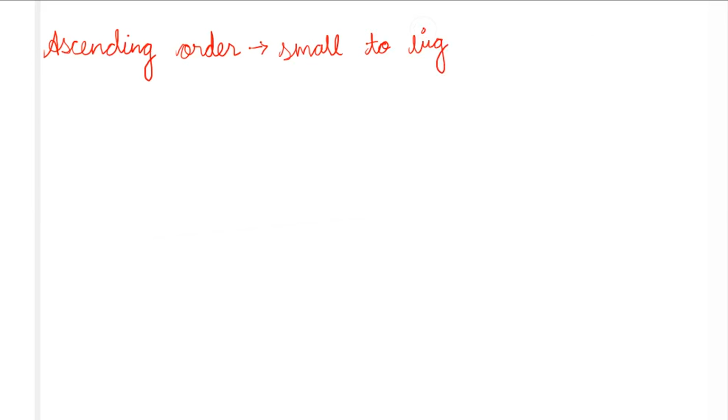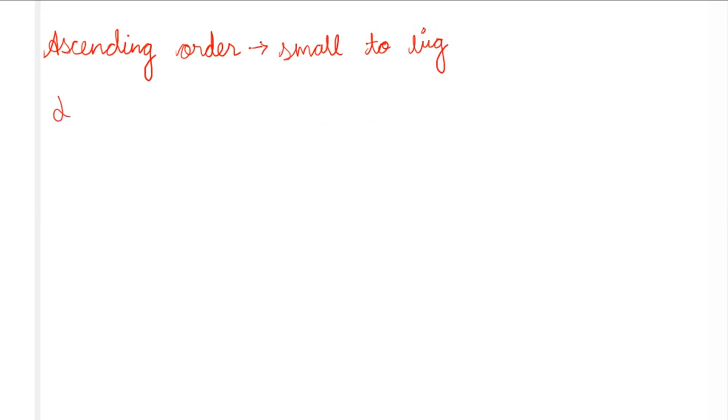So now let's see what we mean by ascending order. Ascending order is nothing but when a set of numbers is given, if you arrange them from small to big, then you call it ascending order.